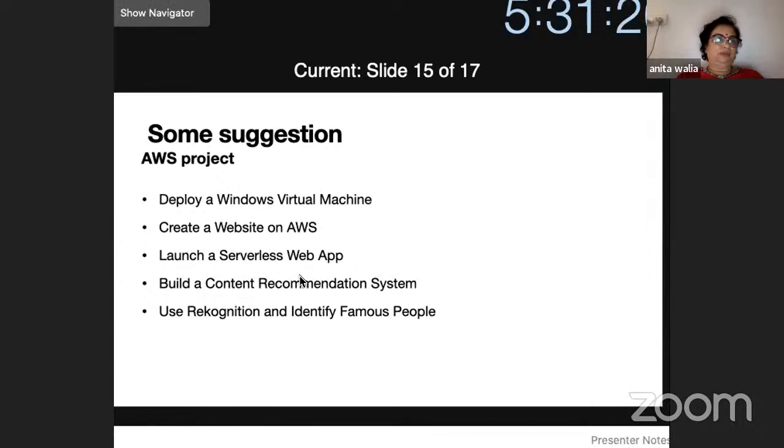For example, one solution is using AWS to deploy a Windows virtual machine. This is one of the best ideas to start experimenting with hands-on AWS projects. Virtual machines are emulators of computer systems.